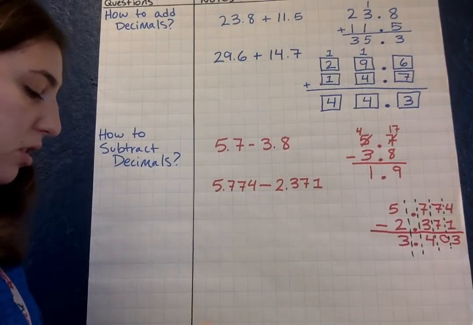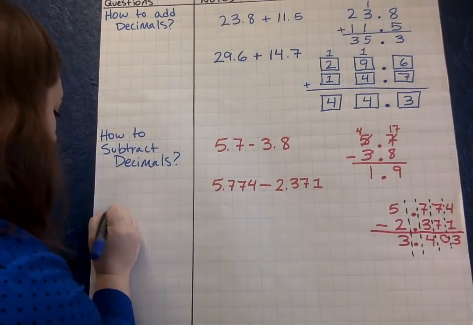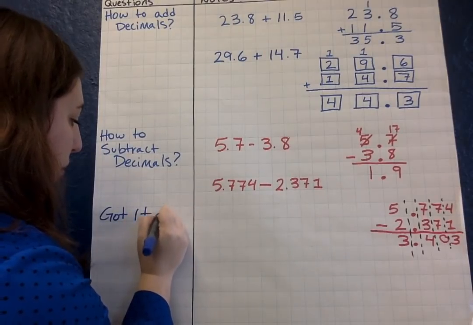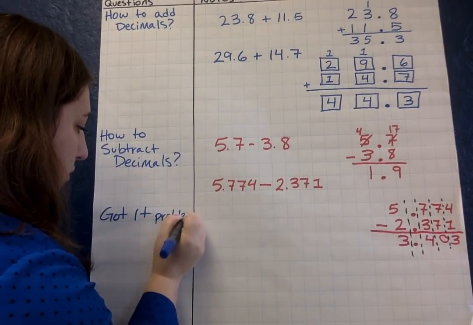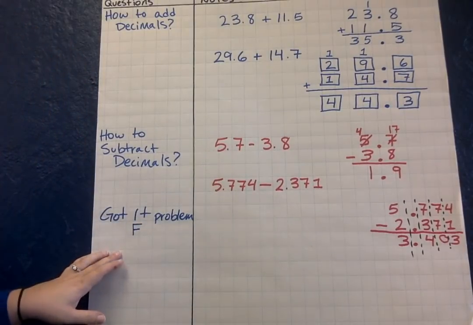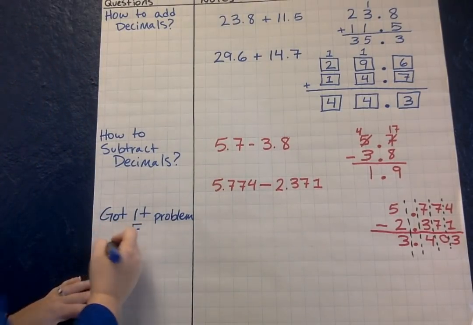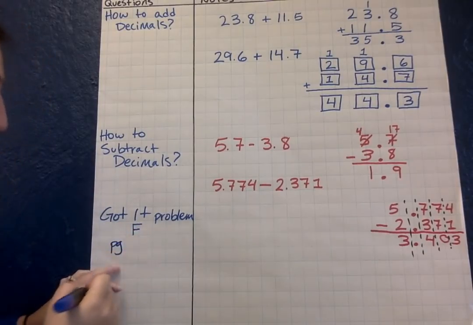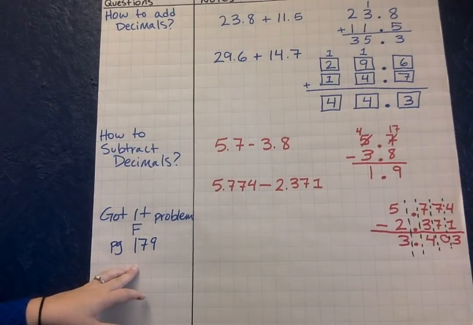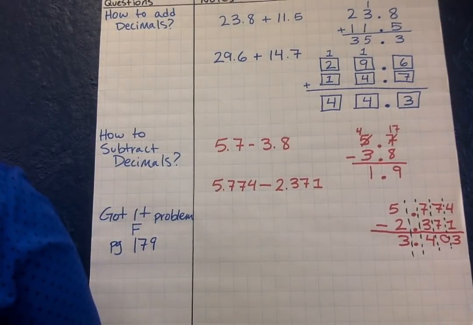Okay, so let's do F. So got it, problem F, page 179. Okay, that's what we're doing it from.